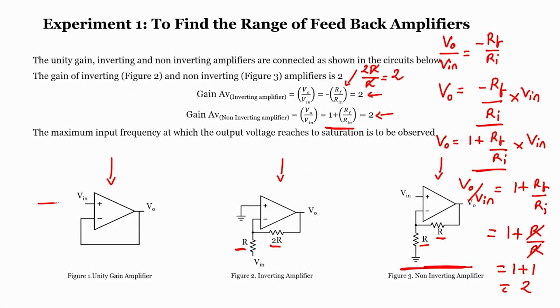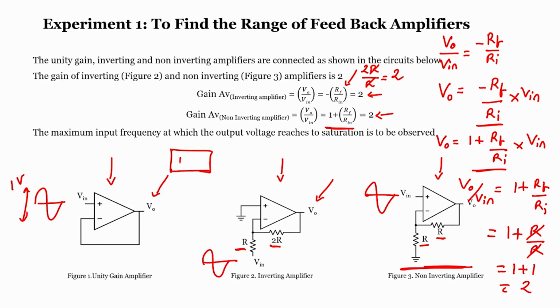That means I will apply a sine wave of 1 volt peak to peak, and I observe the output voltage in the oscilloscope. In every case I will apply 1 volt here, here and here, and at the output I will see what my value is in my digital oscilloscope.